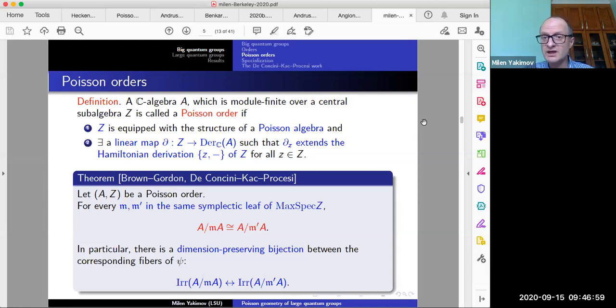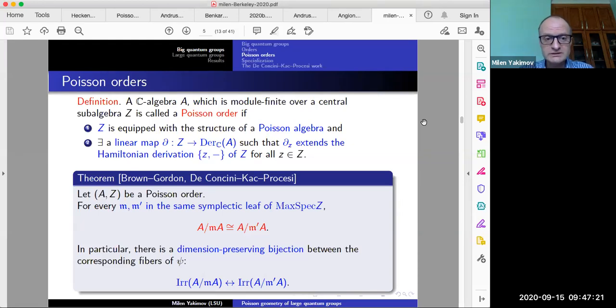We get that we have a bijection between the corresponding fibers of C. If we have one fiber and another, we have a bijection between the points that preserves the dimensions of the irreducible representations. But the really remarkable part is not only that the representations are the same, but the actual finite dimensional algebras are the same.